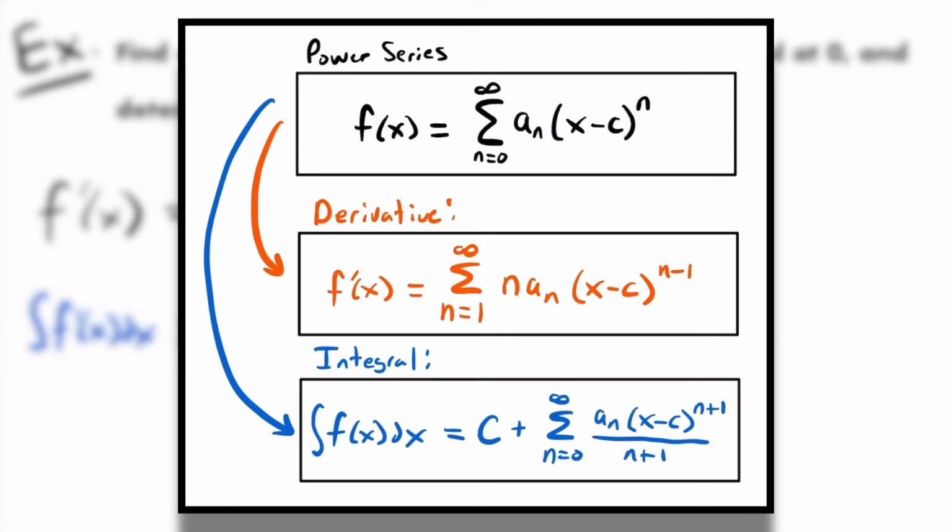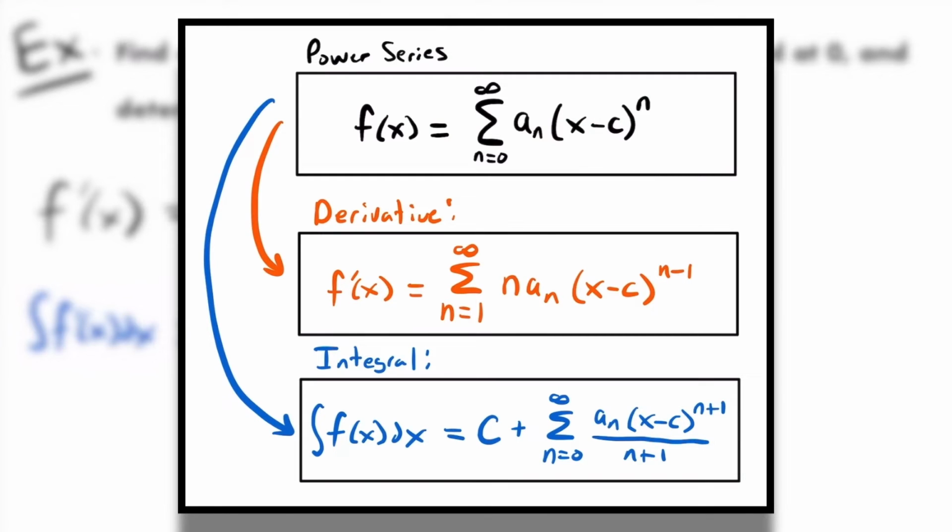And everything else within that series, which is represented by a sub n, that's just everything that doesn't involve x to the power of n. The rest of that series remains unchanged. A sub n is still a sub n. We do not change that in any way. We just integrate the part that involves x, okay?